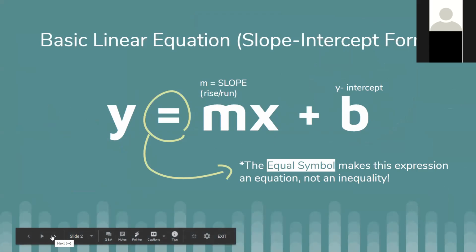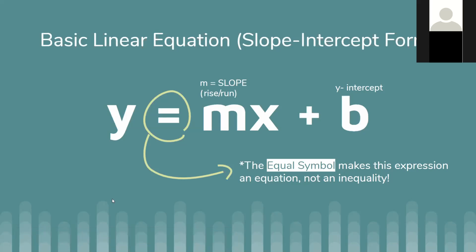I know one thing that might be a little confusing is that there's like 4 letters here, and which ones do you guys think are the actual variables? Y and X. Yes. And can you explain why that is?